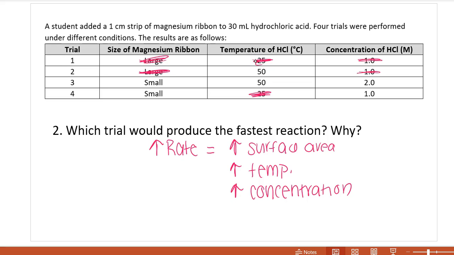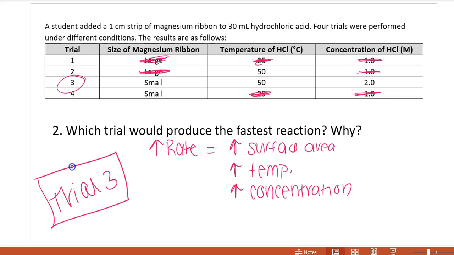If I used a 2 molar solution instead of a 1 molar solution, that would be my fastest. So trial 3. It has an increased surface area by using small pieces of magnesium ribbon, an increased temperature of 50 degrees Celsius, and an increased concentration.